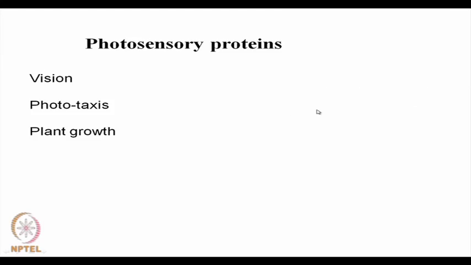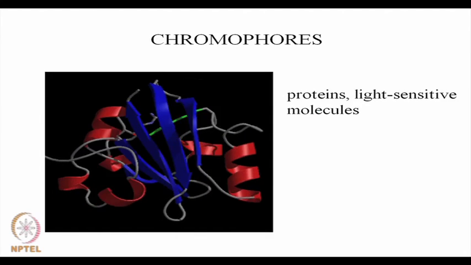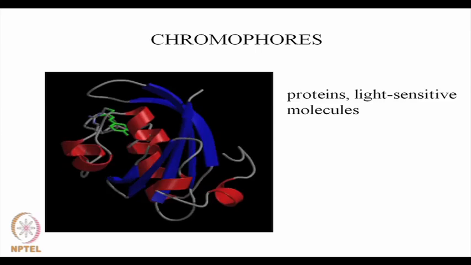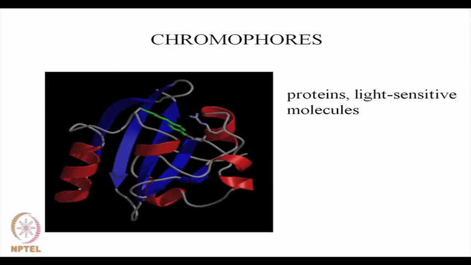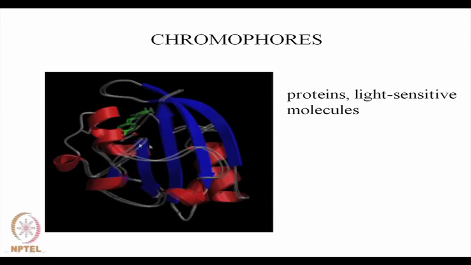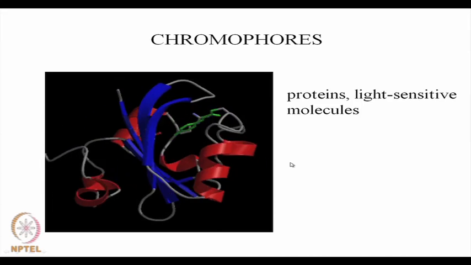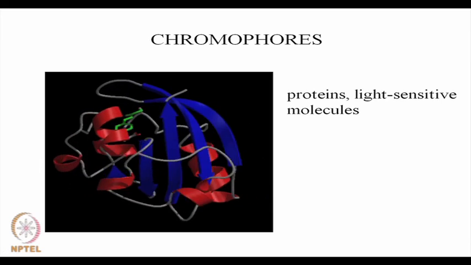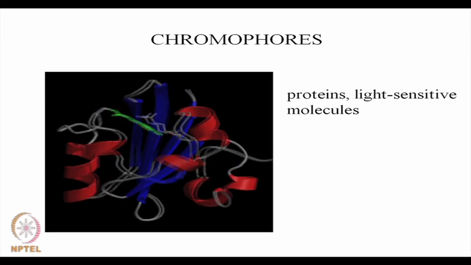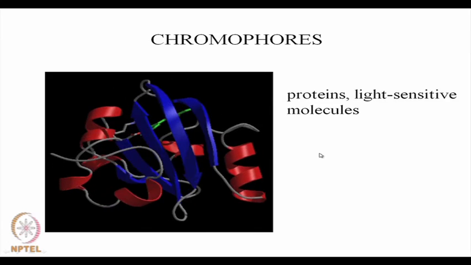In this case chromophores could be proteins, because proteins have many chromophoric groups, and light sensitive molecules can be chromophores as well.